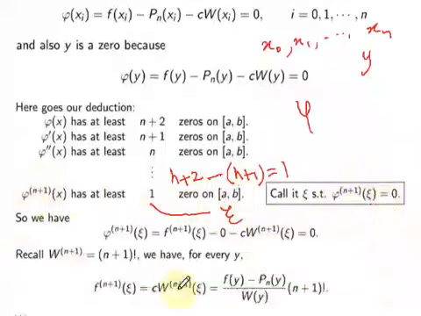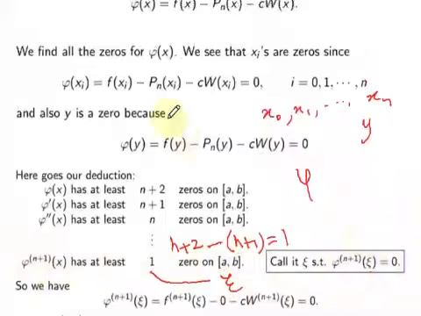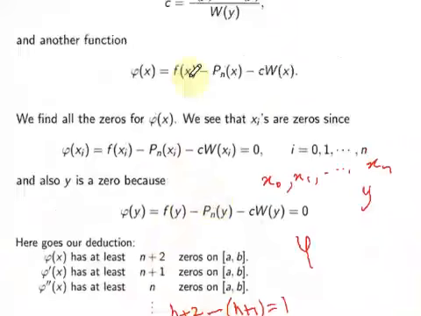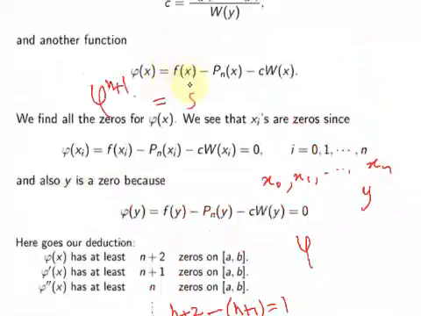All right, so now you plug this number into here. So you can find the n plus 1 derivative using this. What is the n plus 1 derivative? It is equal to the n plus 1 derivative of f, minus the n plus 1 derivative of this polynomial, and the n plus 1 derivative of w.